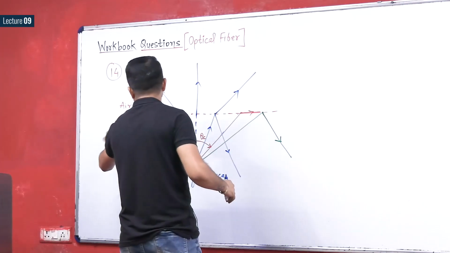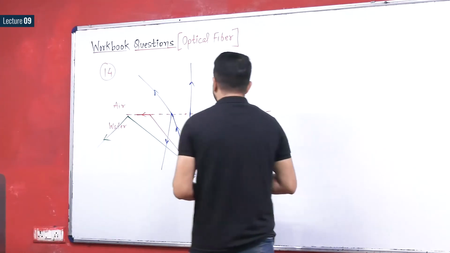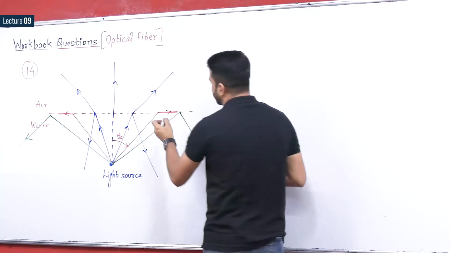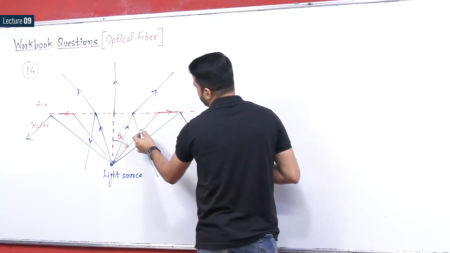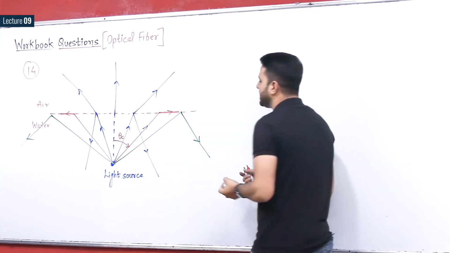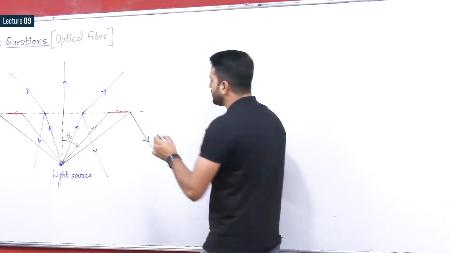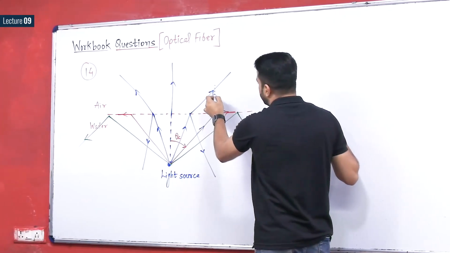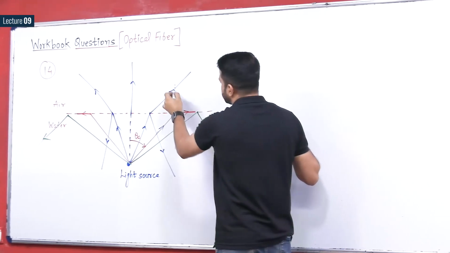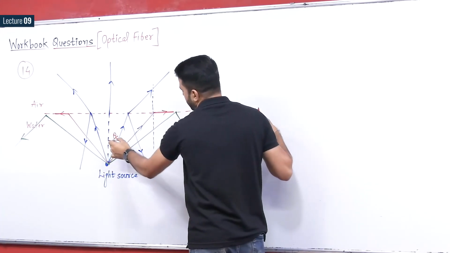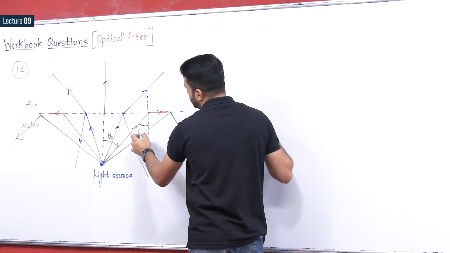So we have got this figure, and how can we say that this light wave is incident with an angle theta c? Because this is the normal of the interface, and if this angle is theta c, so this angle should be theta c.